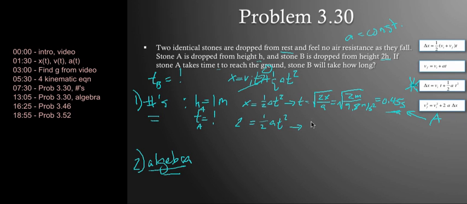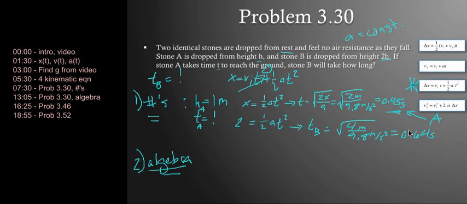So then tB is going to be square root of 4 over 9.8 meters per second squared. It's 4 because we have 2x, and 2 times 2 is going to give us this 4. Alright, so here we just punch this in, and we're going to find out that this is equal to 0.64 seconds.